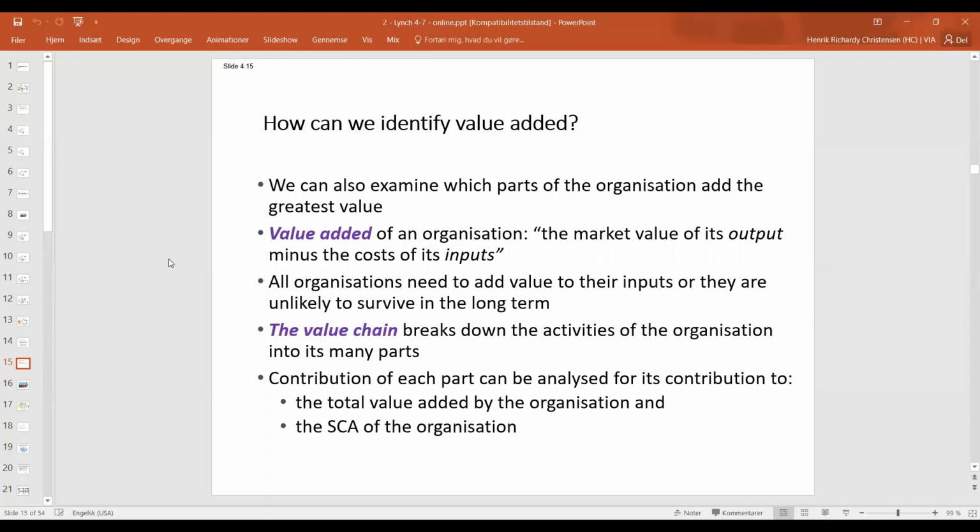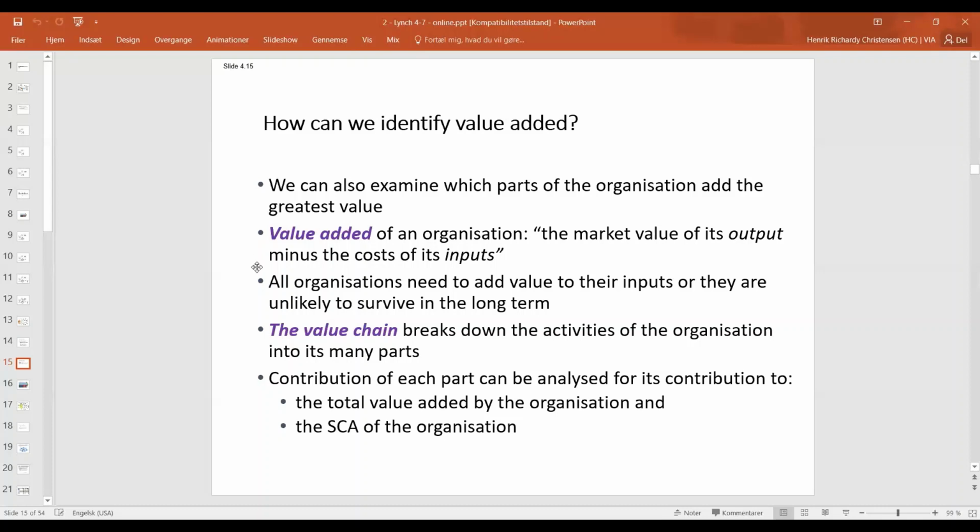Well, the value added of an organization, and that is if we go back to the value chain that we just saw before, we had this thing called margin. And the margin is also the same as the value added of an organization.